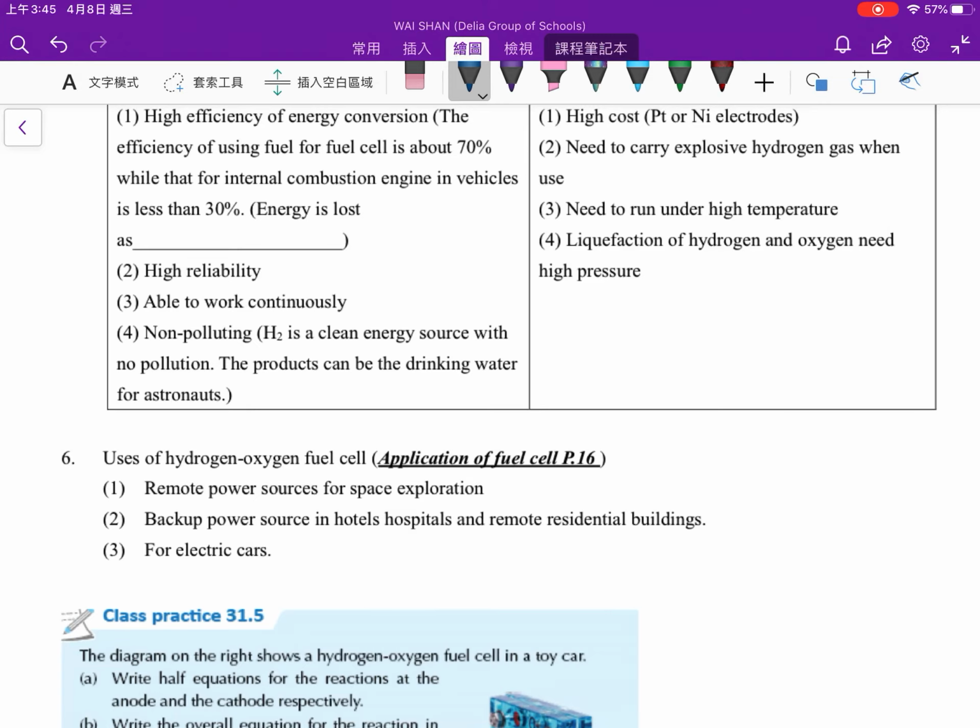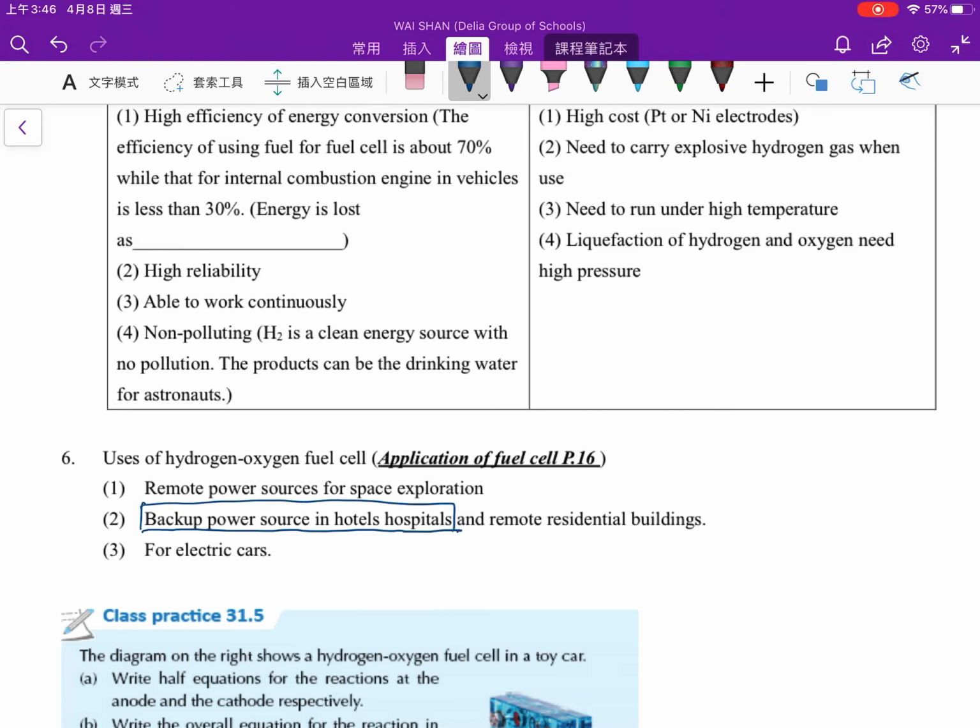One more thing I want to stress is, because for a hydrogen fuel cell, as long as there is hydrogen gas provided to the cell, the voltage will be very stable, steady. So it is a very stable backup power source in hospitals and hotels. Why? Because if the electricity suddenly goes out, there will be no electricity for the life maintaining machines in hospital, and then the patients will die.